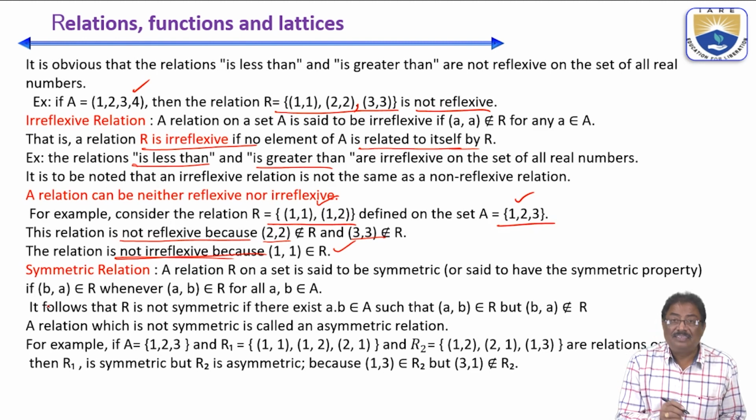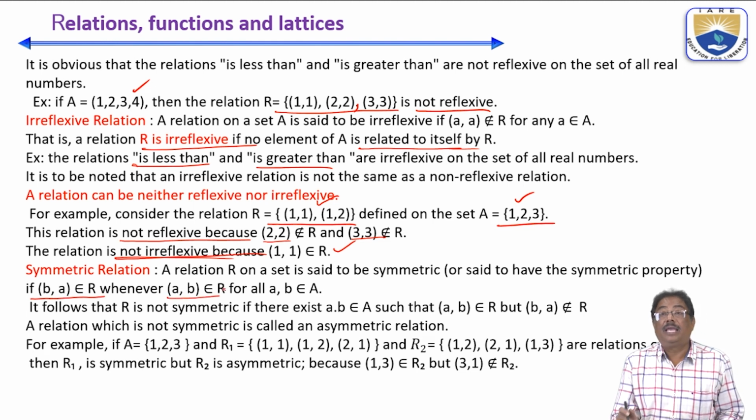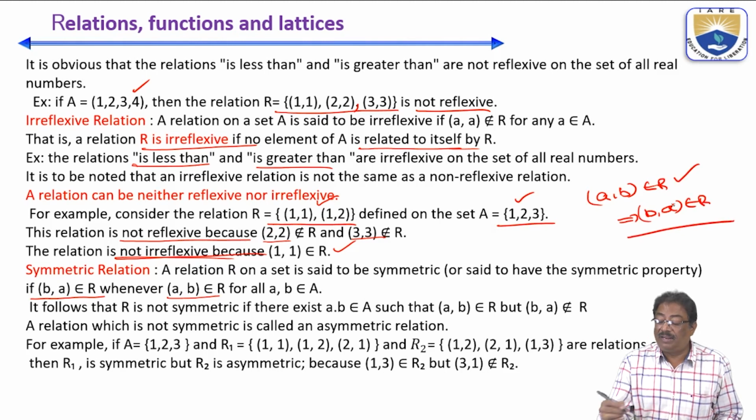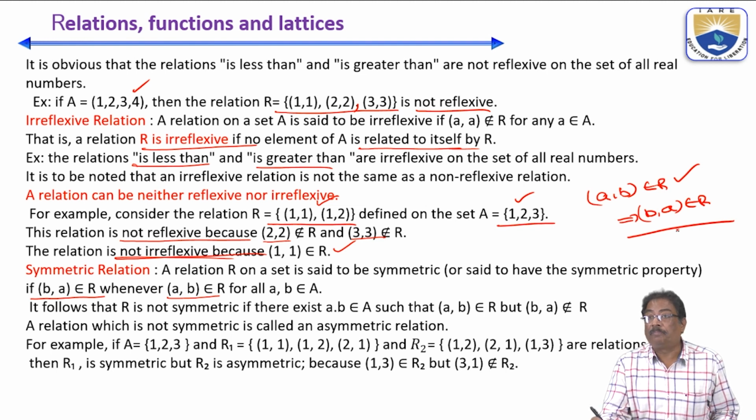Then another one is symmetric. Symmetric means whenever (a, b) belongs to R, then (b, a) belongs to R, for every (a, b), then we can say that the relation is symmetric.